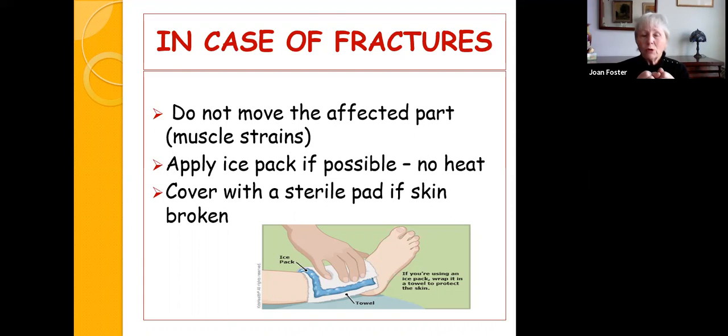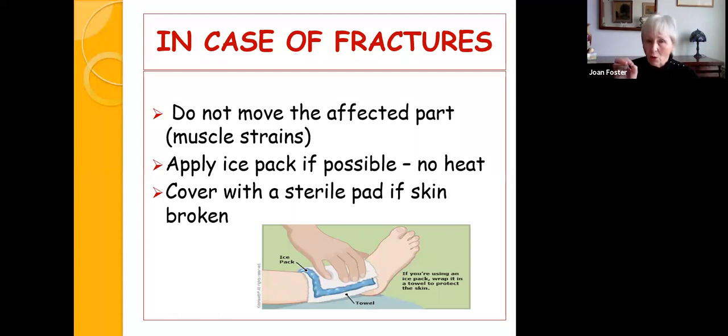It's impossible to break a bone without really injuring all the surrounding tissues. And so if you apply heat to it, you're going to make them swell more. You're going to make them hurt more. You're going to perhaps even injure the skin. So it's really, really important that you do not apply heat.